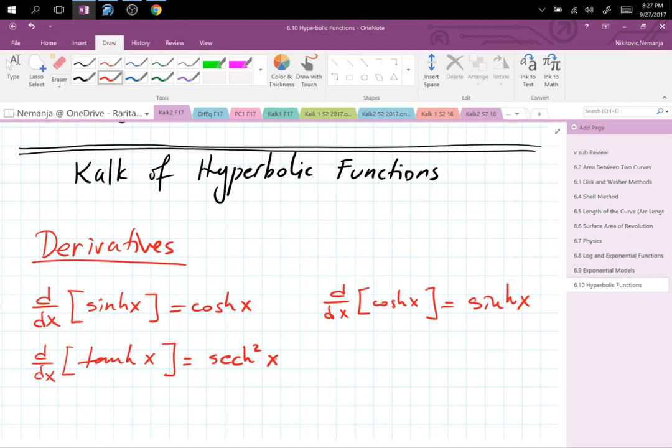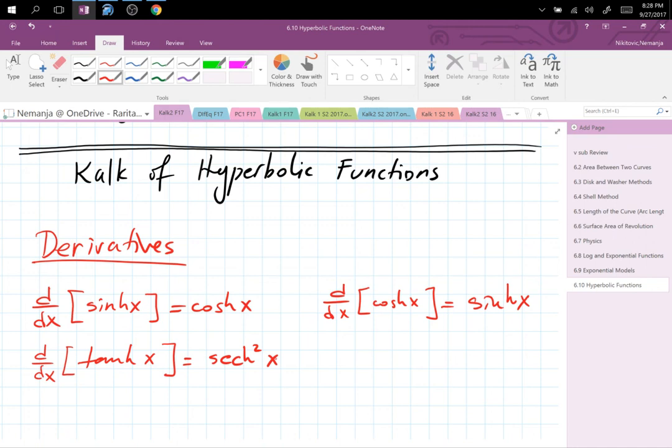What else do we have? I don't think they actually listed these in the book anywhere.